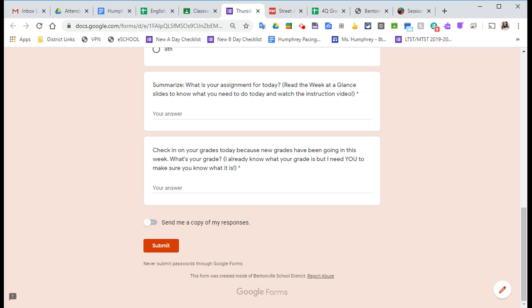And I already know what your grade is because I've been looking at your grades practically nonstop for the last couple of days, trying to get things graded and updated with the new grades that were due Thursday and Friday last week. So there are still things that I need to grade. You have some blanks in the grade book because it hasn't been graded yet, but it will go in.